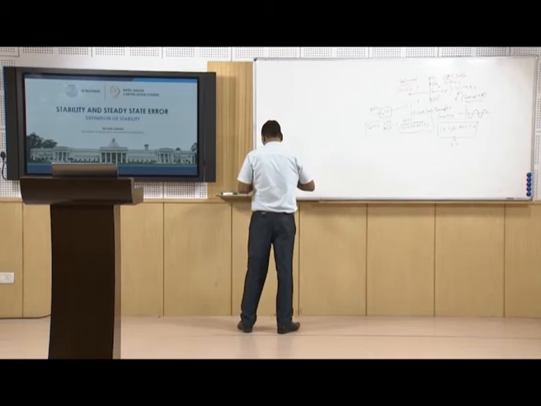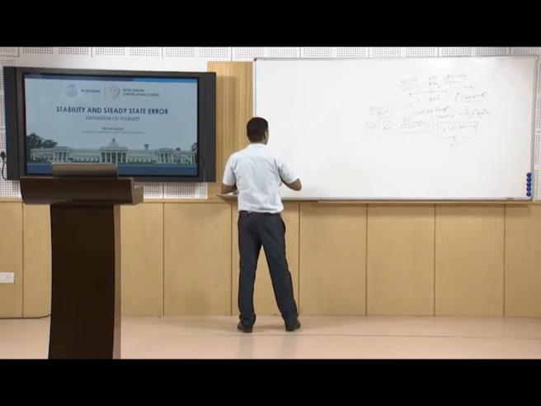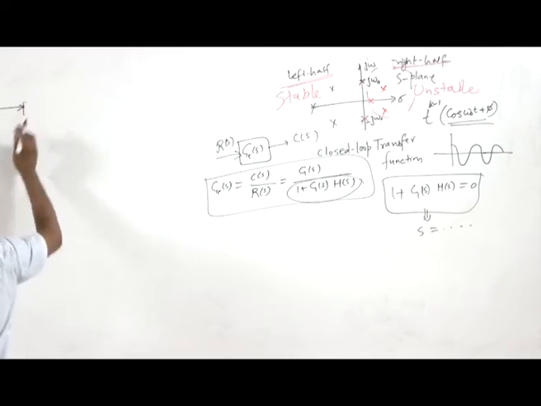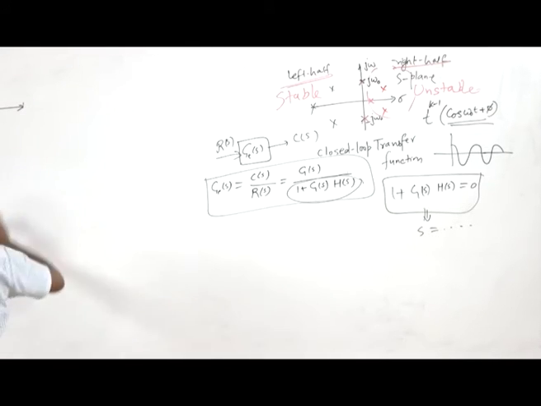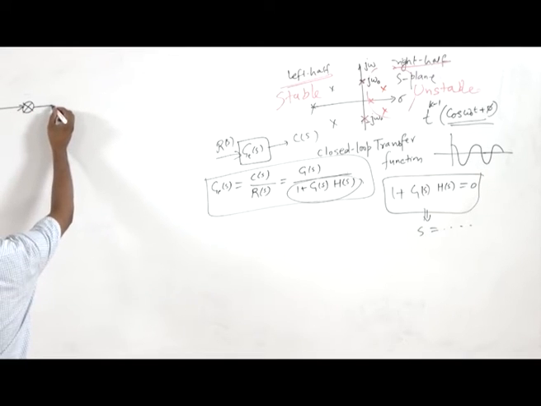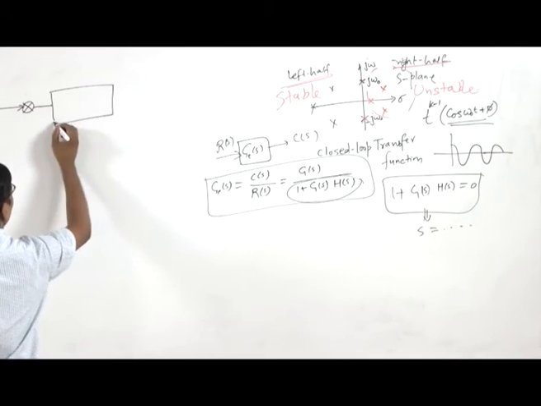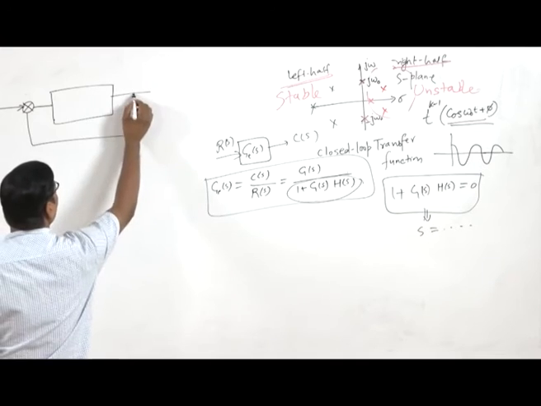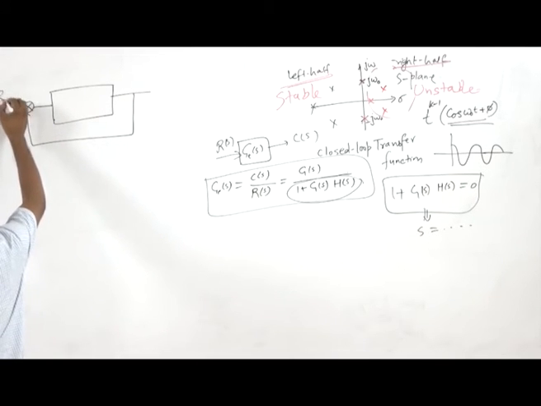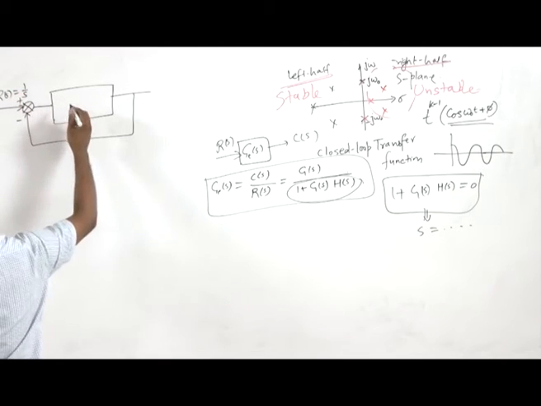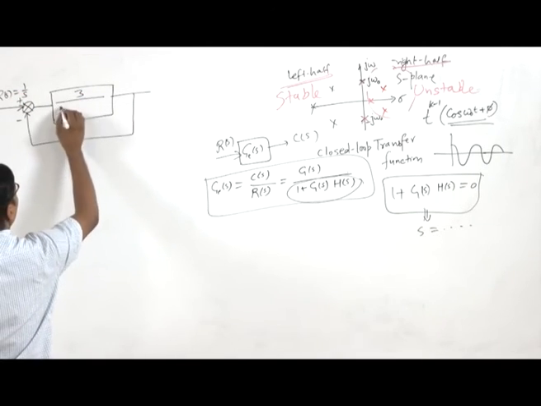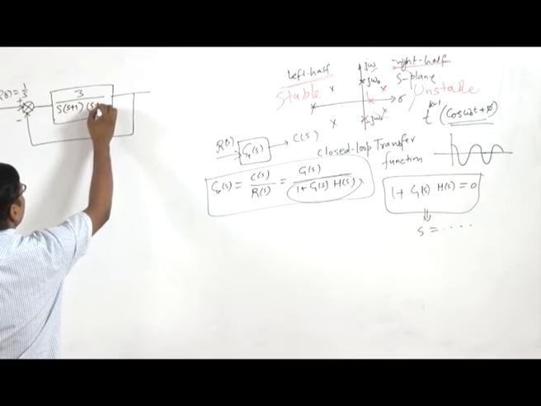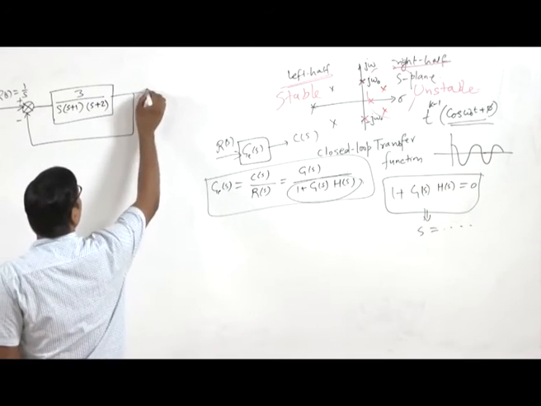So let's take one example. If we have this system, this is R(s) equal to 1 by s, and this system is 3 by s(s plus 1)(s plus 2), and this is C(s).